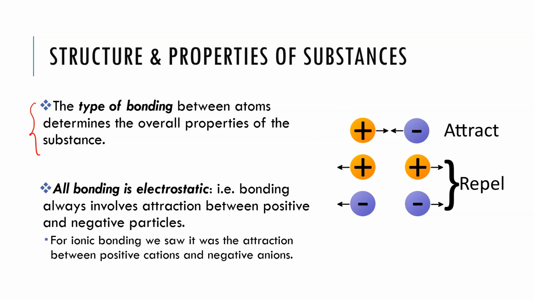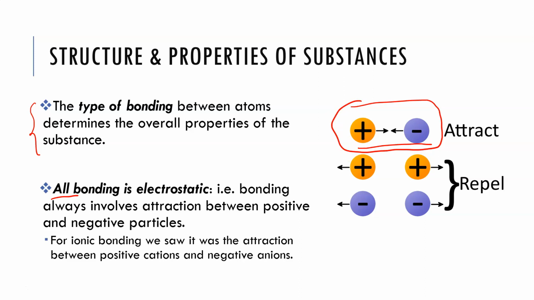It's important to remember that all bonding is electrostatic. That is, it arises due to the attraction between positive and negative charges, remembering that opposite charges attract while like charges repel. So this is the situation that we want to set up in order for a chemical bond to form.